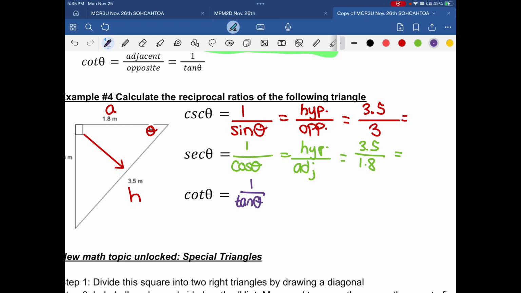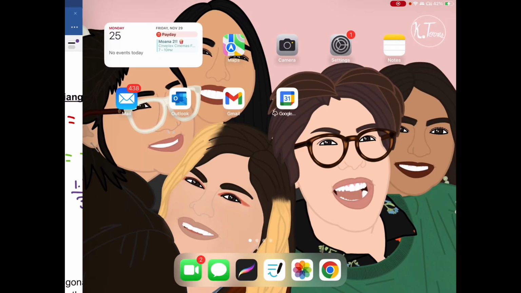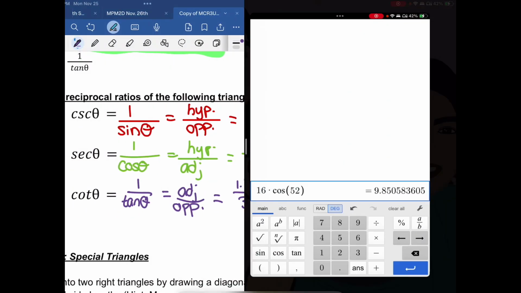Cotangent is the reciprocal of tangent, which I know TOA. So then the opposite of opposite over adjacent would be adjacent over opposite, which would make it 1.8 divided by 3. So I'll get out my handy dandy calculator and I will calculate that.